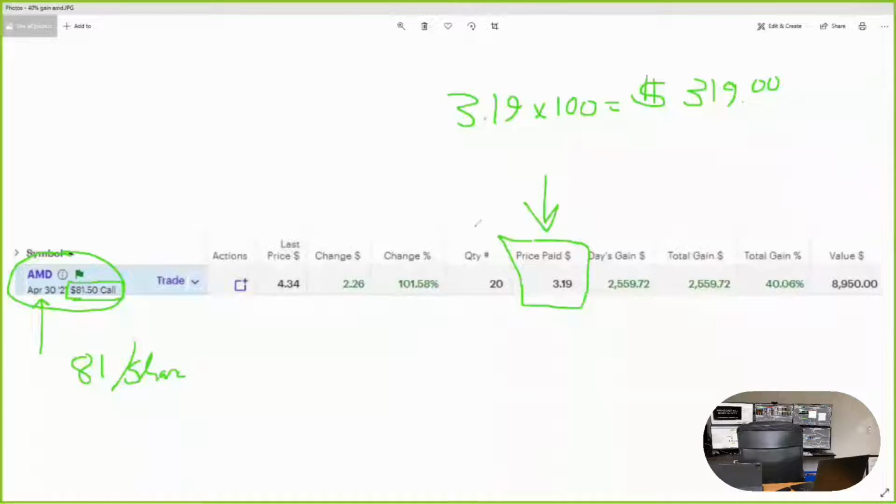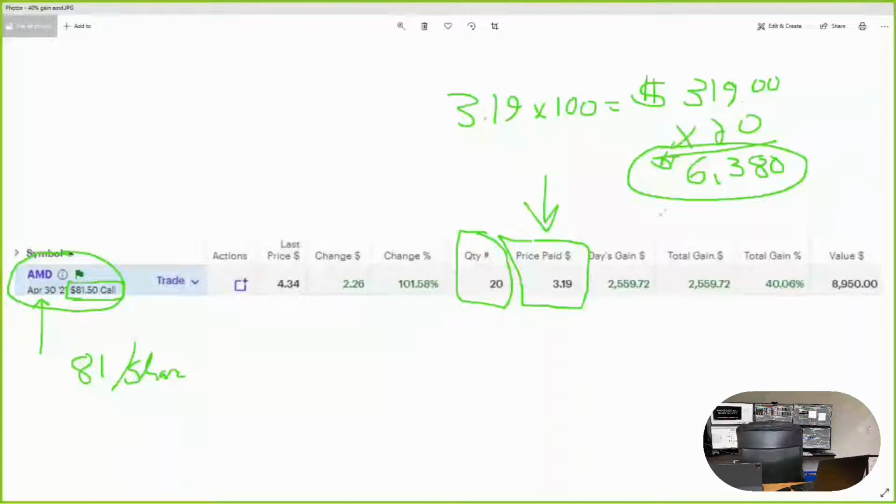Now, you could see how many of them I got. I got 20. So $319 times 20 equals $6,380, right? So my initial investment into this trade was $6,380.